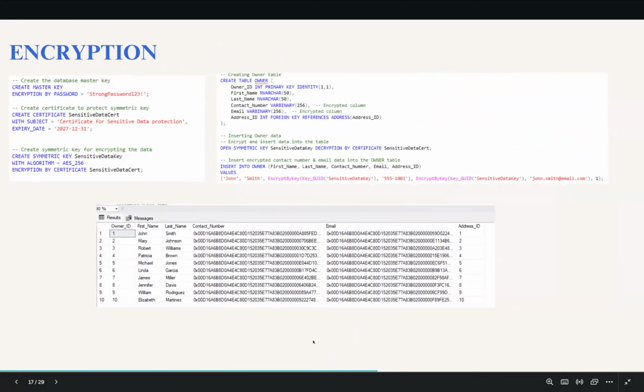My name is Sachi. I'll speak about encryption. We have used multi-level encryption and column level encryption. We implemented encryption using the AES 256 algorithm with varbinary storage, since it's both secure and efficient.